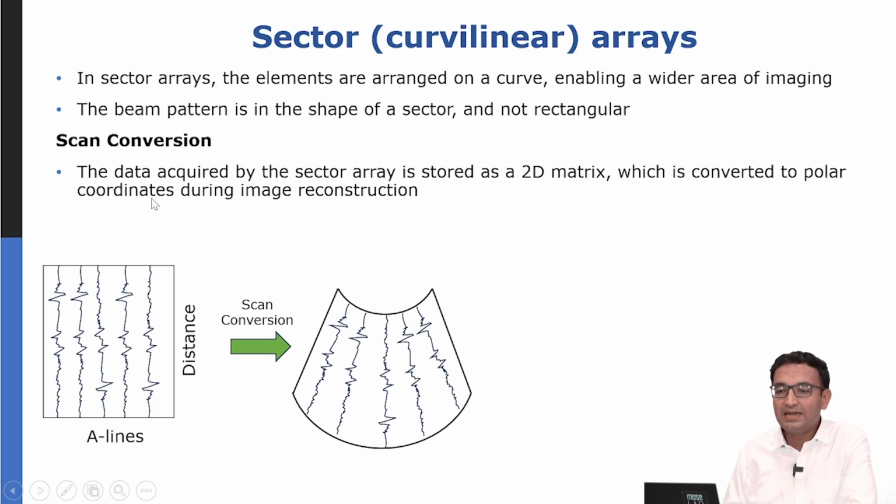However, the data is typically acquired by the sector array and stored in the form of a 2D matrix, because these are the individual A lines and they will have their own values when converted to a digital matrix. And then to get into the right geometry, you have to convert this into the right coordinate systems, and then you obtain the sector in the right format.